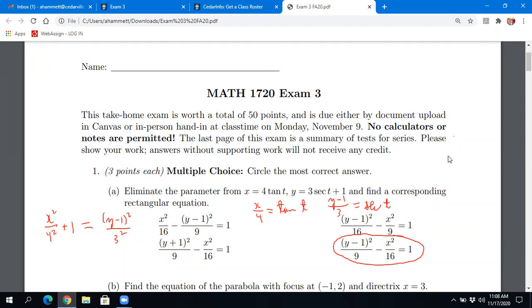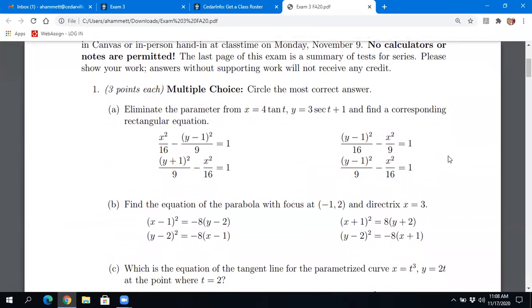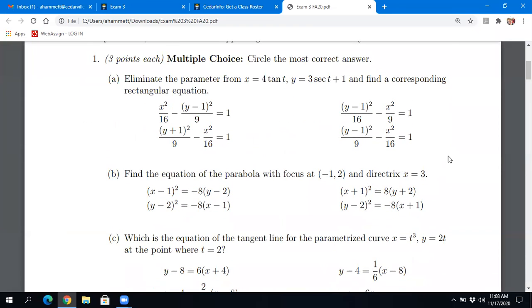Okay. All right. So moving down the line here, find the equation of the parabola with focus -1, 2 and directrix x equal to 3. Focus and directrix. Okay. Now, 2 of these you should immediately be able to eliminate because of the way the parabola is oriented.